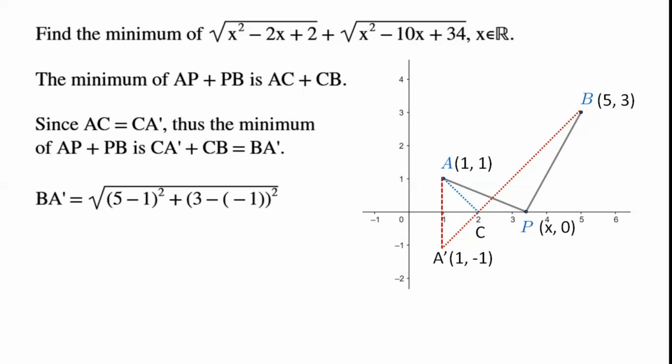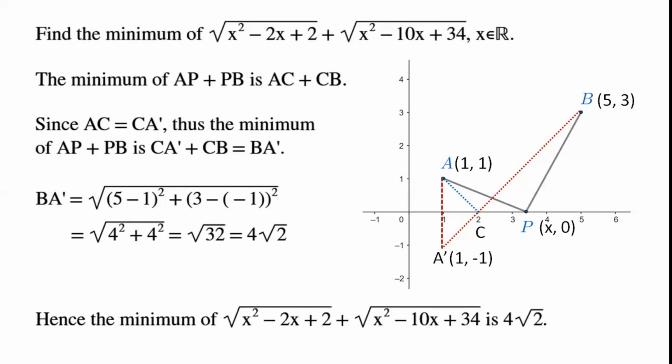BA dash equals root of (5 minus 1) all squared plus (3 minus 1) all squared, which is equal to root of 4 squared plus 4 squared, which is root of 32, which can be written as 4 root 2.